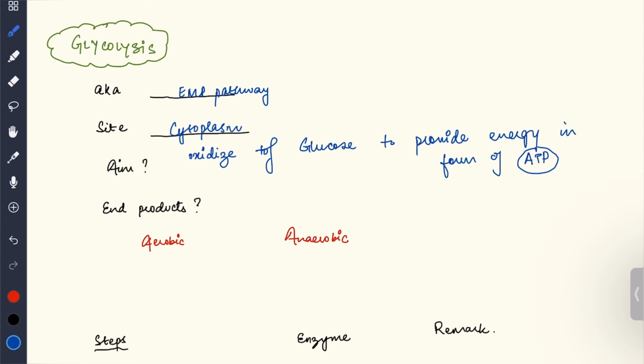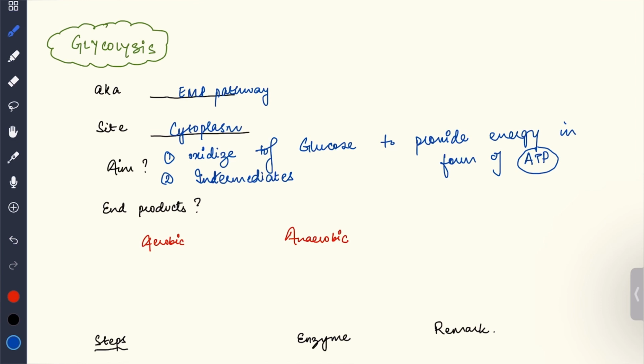This is one of the aims. And second, it will form intermediates which will help in going to different cycles and different metabolic pathways, and will be useful like in the TCA cycle or the HMP shunt.